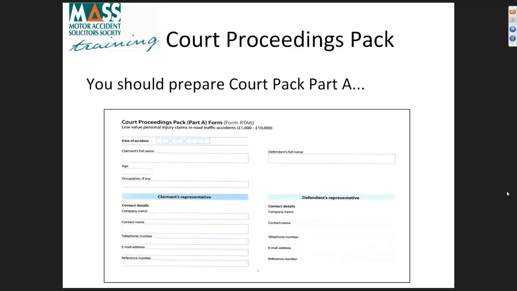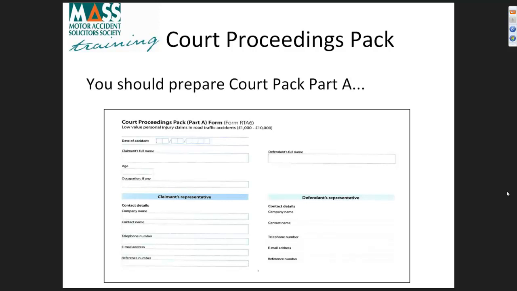The idea is that we are supposed to negotiate with defendants. Now, we can't stop that negotiation. So if you submit your court pack A on, say, day 16 because they've made you an offer at £2 grand and they ain't increasing, or sorry, it appears as though they're not increasing, and you don't want to come below your £2 grand, and you just submit this court pack A, potentially you could be penalised in costs.